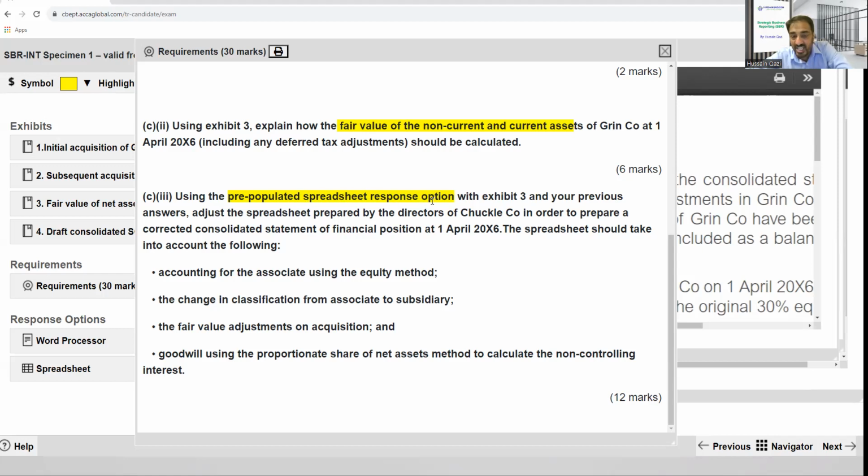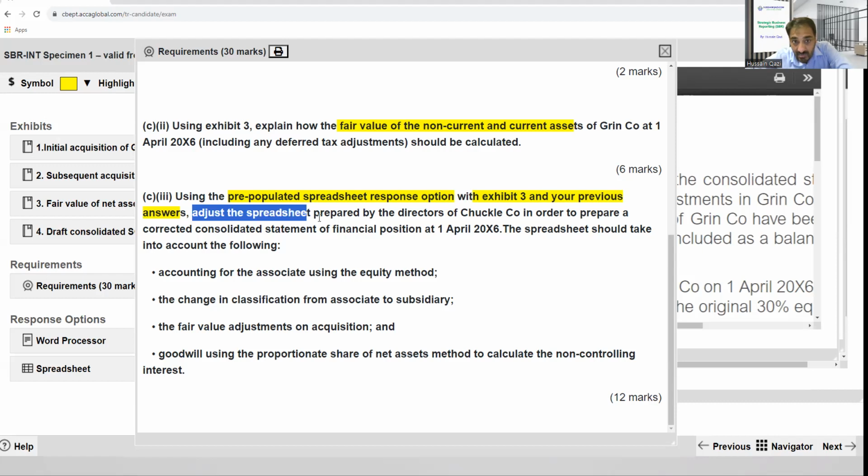Using pre-populated spreadsheet option, using exhibit 3 and your previous answers, means refer to the consolidated accounts and use exhibit 3 and all other workings, all other adjustments.